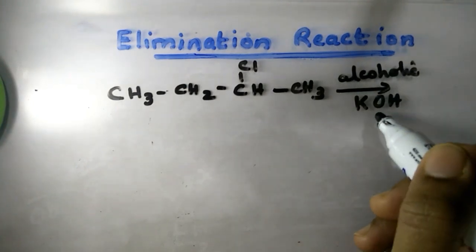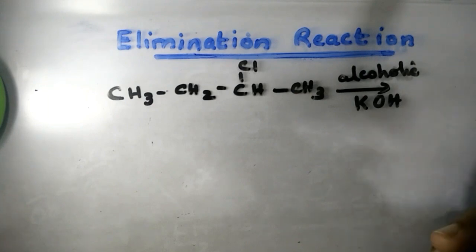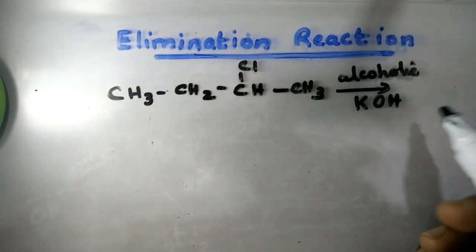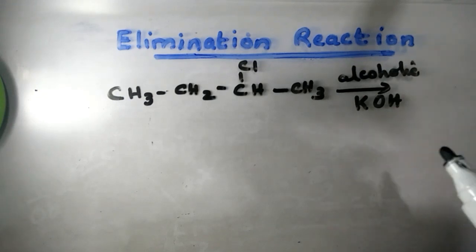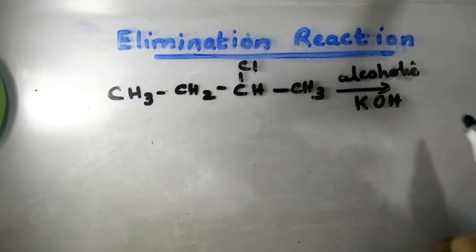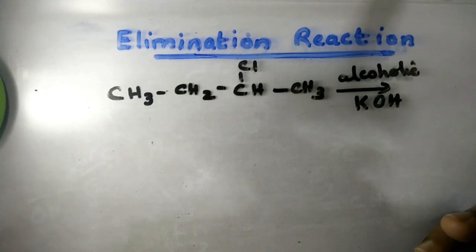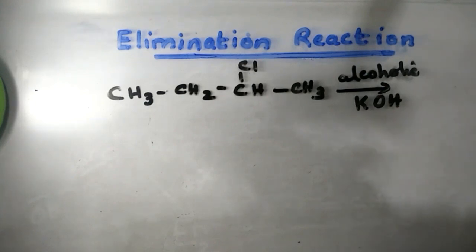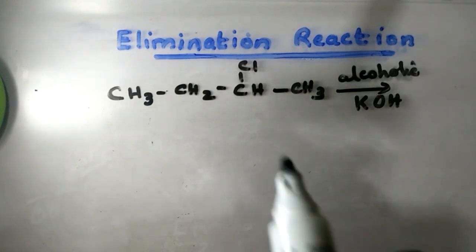As I already said, if KOH alone is there, the OH will act as a nucleophile and undergo nucleophilic substitution reaction only. But here, due to the presence of alcohol, KOH becomes a strong base and beta elimination takes place.